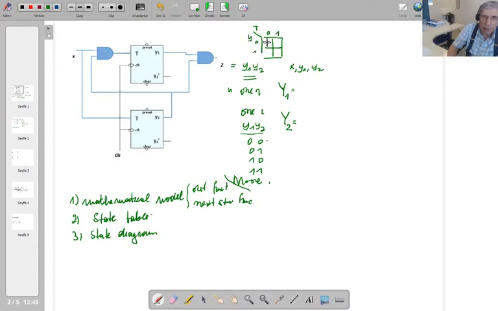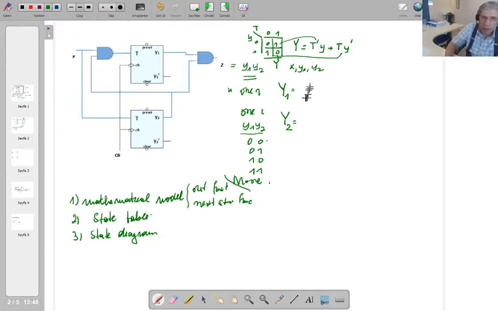0, 1, 0, 1, 1, 0. So the corresponding function, inside we've got capital Y, so this is T prime times Y plus T times Y prime. So these are the product terms corresponding to this one, and this is this one.